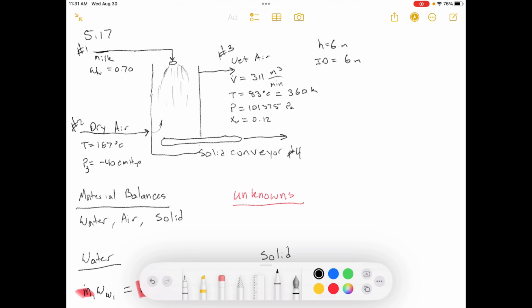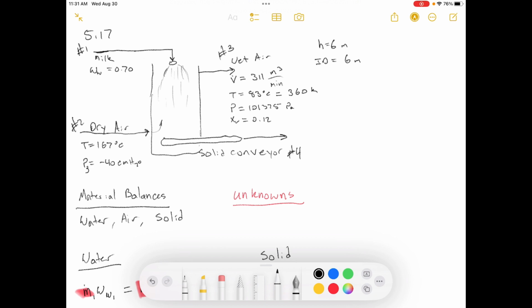The milk fed to the atomizer contains 70% water by mass, all of which evaporates. The outlet gas contains 12% mole water and leaves the chamber at 83 degrees Celsius and 1 atmosphere absolute pressure at a rate of 311 meters cubed per minute.